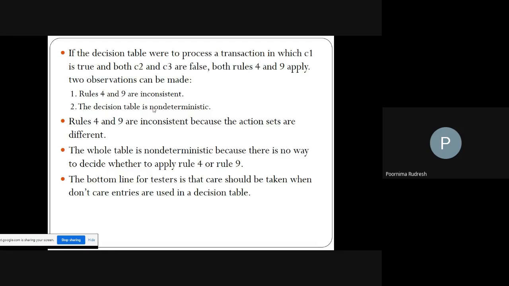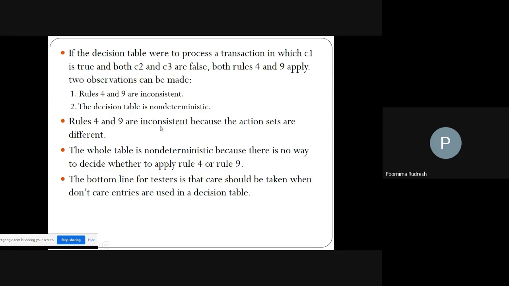Non-deterministic, you have studied in ATC, right? Automata theory. What is deterministic and non-deterministic? Deterministic means it is fixed. Non-deterministic means it is not fixed. It is changing again and again, right? So these observations are made: rules 4 and 9 are inconsistent, and the decision table is non-deterministic.